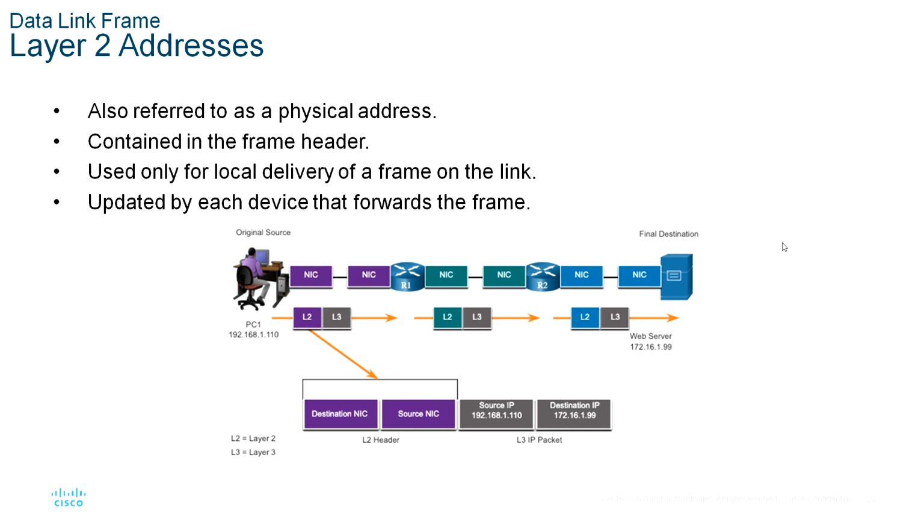It is typically at the beginning of the frame, so the NIC can quickly determine if it matches its own layer 2 address before accepting the rest of the frame. The frame header may also contain the source address of the frame.